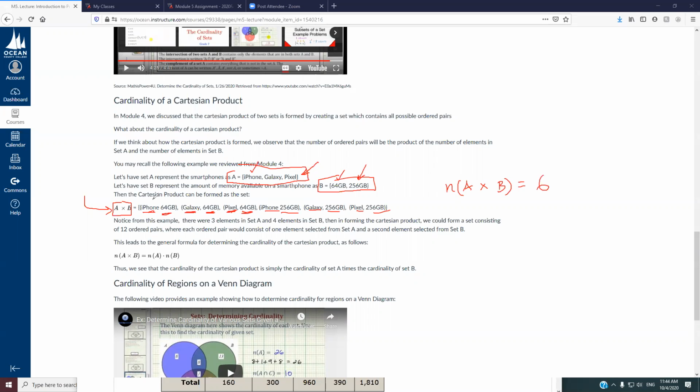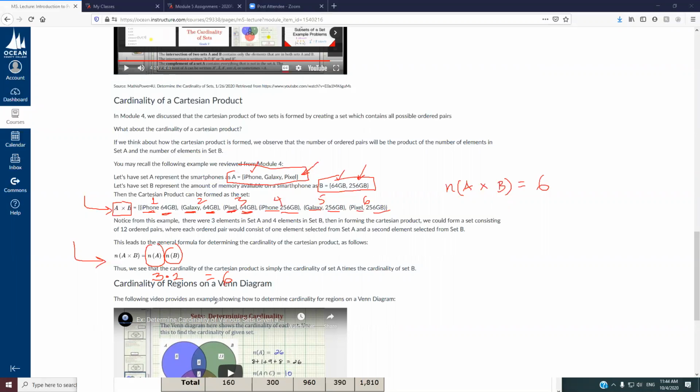Right, here's 1, 2, 3, 4, 5, 6 elements. Well, there's an easy formula to calculate this. You just take the number of elements in the first set, in our example this was 3, and multiply by the number of elements in the second set, 2, and we can get 6.